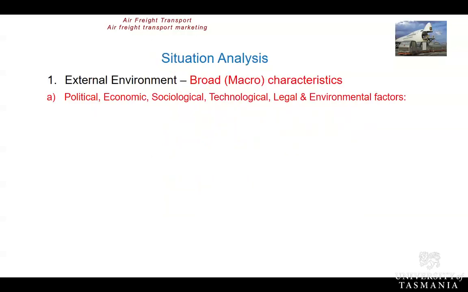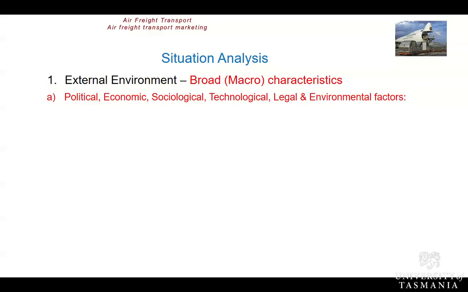So when we talk about this idea of external to the environment, or big macro factors, we're talking about those issues which could be of a political nature, they could be of an economic nature, it might be environmental issues, it could be legal issues, it could be to do with technology.